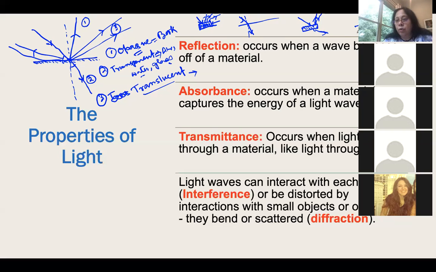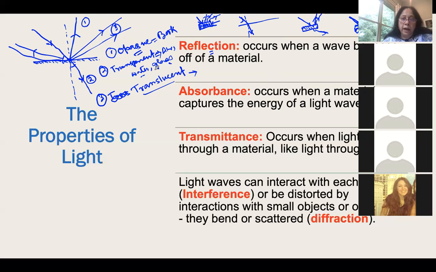All the light that falls either bounces back or gets absorbed by the material. So when the light falls on a surface and bounces back, that's the characteristic feature of light and it is called reflection.